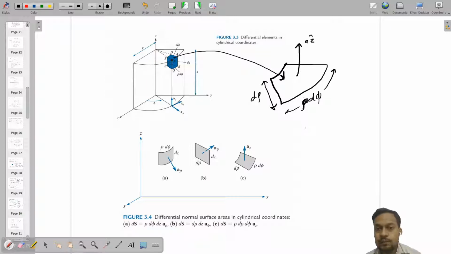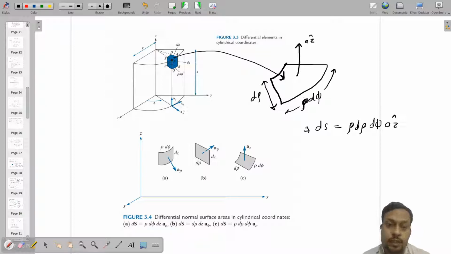So the differential surface for unit vector az can be written as rho d rho d phi.